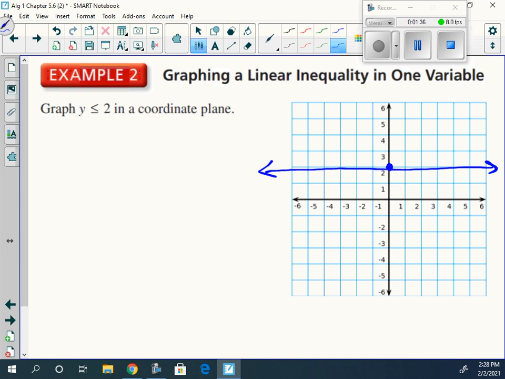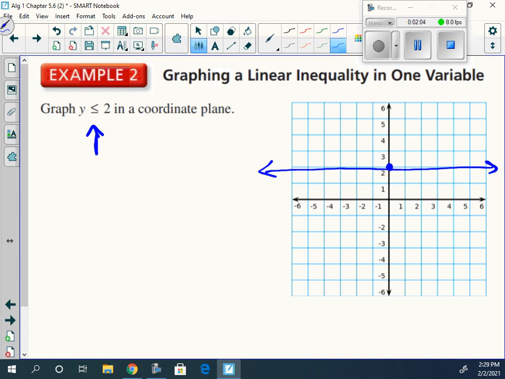Now, because it is y less than or equal to 2, would this line be solid or dashed? It is solid if it's equal to.